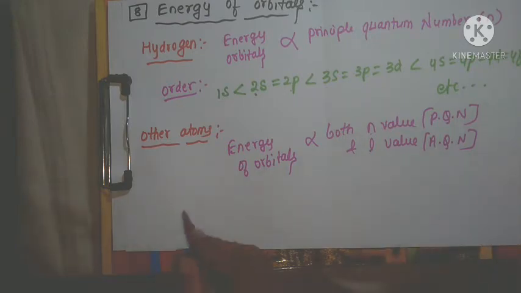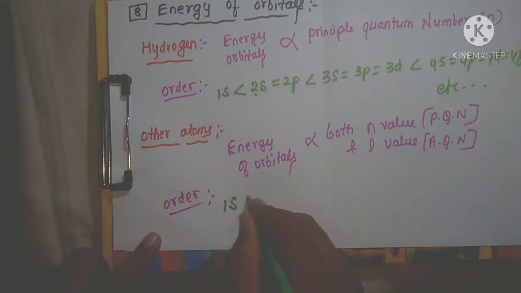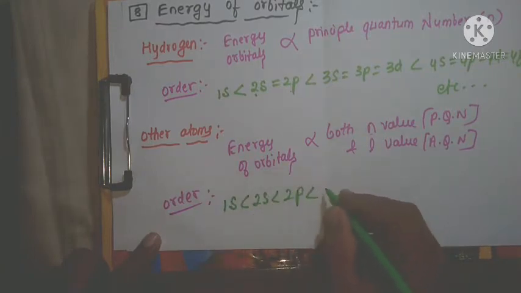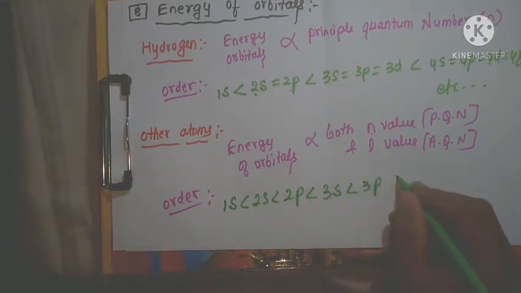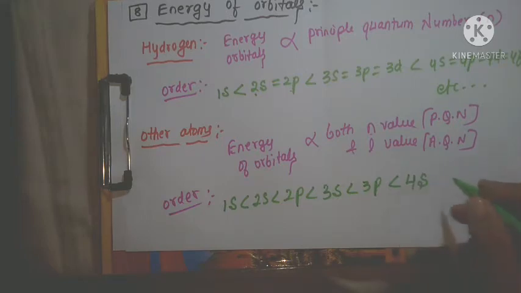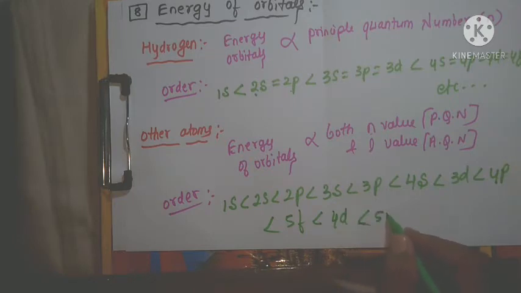The order is 1s having lesser energy than 2s, 2s lesser than 2p, 2p lesser than 3s, 3s lesser than 3p, 3p lesser than 4s, 4s lesser than 3d, 3d lesser than 4p. Next it is lesser than 5s, then 4d, lesser than 5p, next 6s, etc.